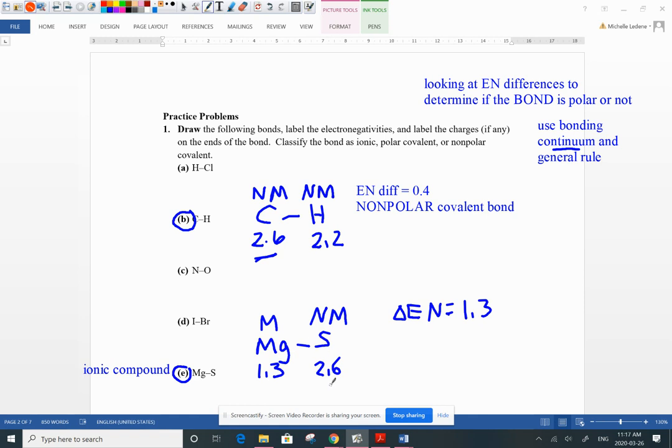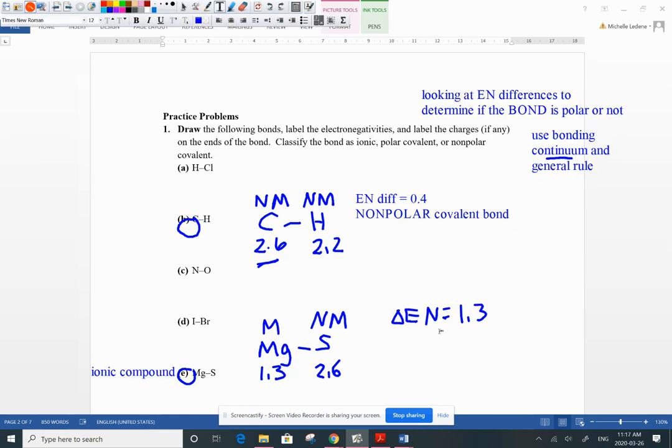And that certainly falls within our polar covalent range. Even though it's an ionic compound, the electronegativity difference falls within the range of 0.5 to 1.7. So even though it is an ionic compound, it behaves like a polar covalent compound.